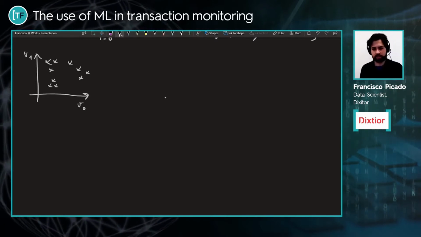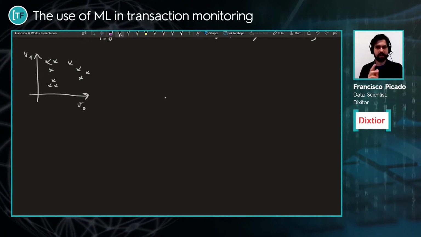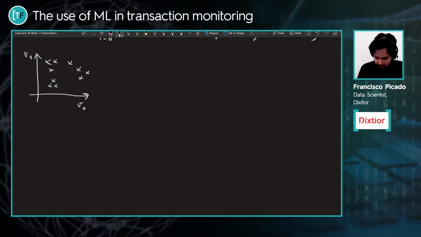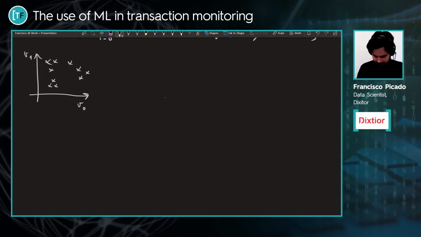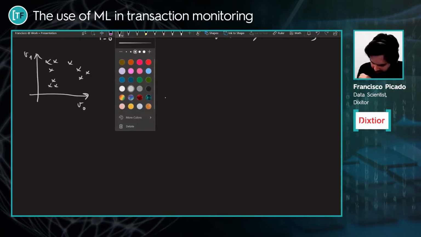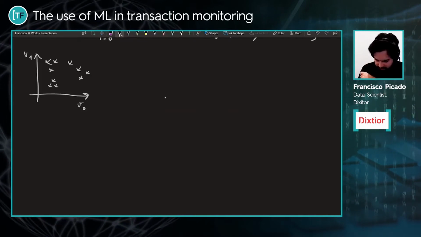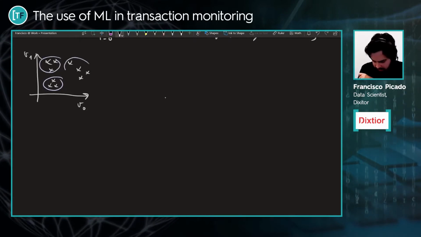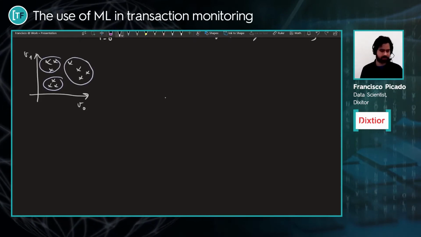Usually real numbers, so again, nothing too fancy. And then we want to group this in terms of distance. A possible grouping is something like this. Grouping, grouping, grouping. And this would be a possible cluster.